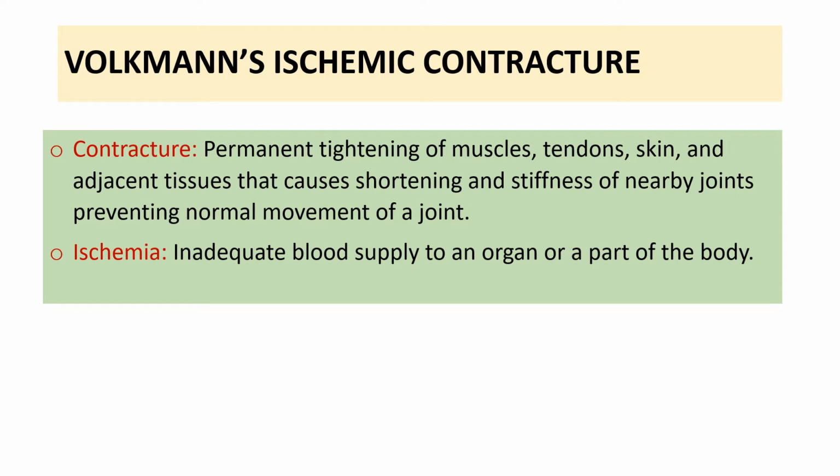Inadequate blood supply to an organ or a part of the body. In the present case, it is the part of a limb which contains the muscles. So that's how we have to take it. And Volkmann is the person who has identified this condition.